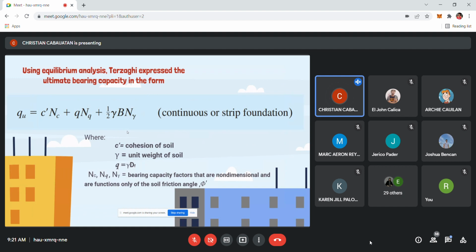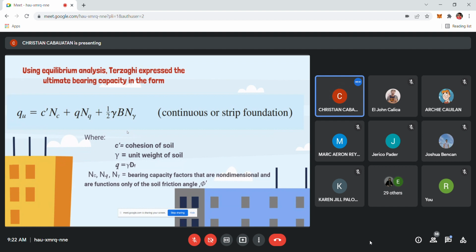Okay? So, using equilibrium analysis, no? Terzaghi expressed the ultimate bearing capacity in the form. This is the general form. Okay? So, the ultimate bearing capacity can be derived as c'Nc + qNq + 1/2 (or 0.5) γBNγ. Wag niyong pansinin yung apostrophe sa taas.